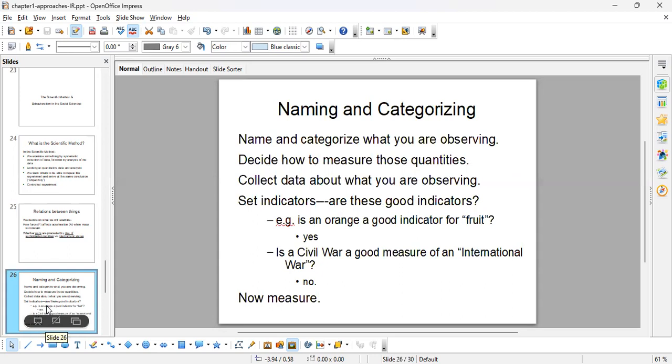Let's look at what the scientific process entails. First, you have to give what it is you're observing a name, and you have to categorize all kinds of phenomena. For example, when you are observing war, at what point does violence in society become categorized as war?